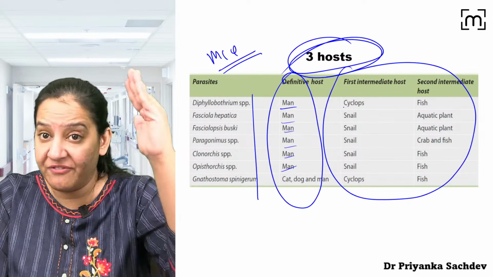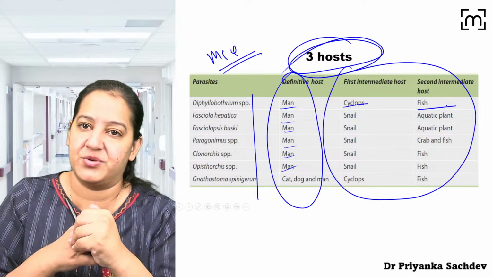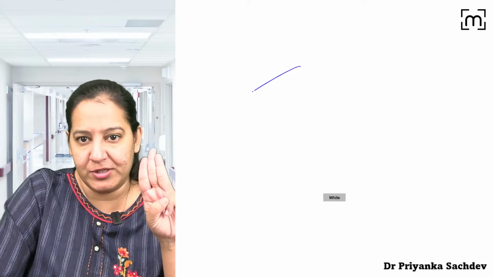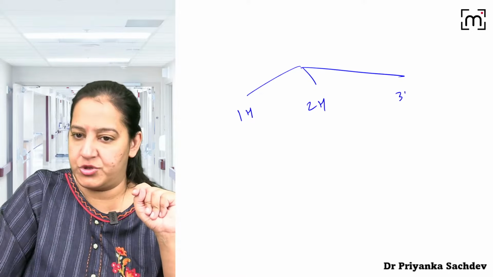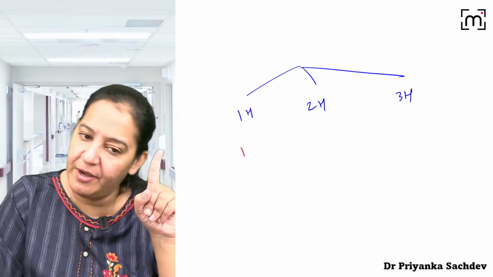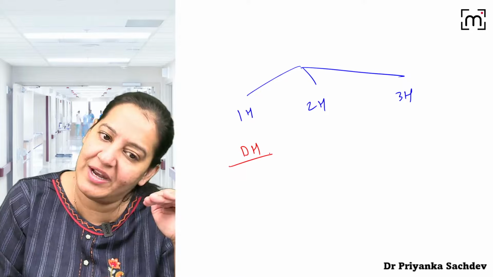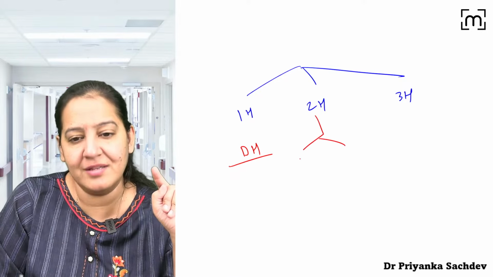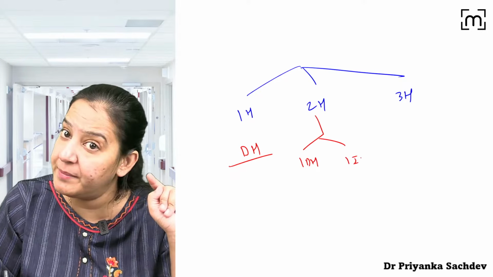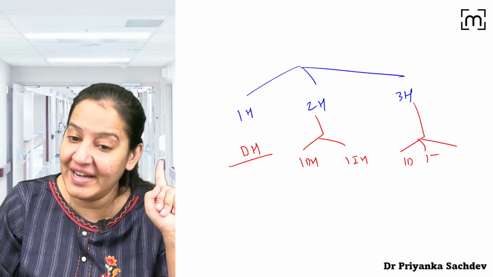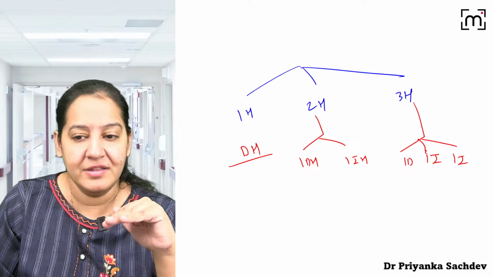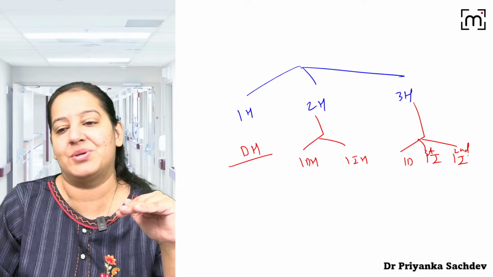What is the first intermediate host? What is the second intermediate host? You got my point? There are three possibilities: either only one host, or two hosts, or three hosts. If it is one host, it will be definitive. There is no intermediate host, only definitive host. If there are two hosts, there will be one definitive host and one intermediate host. But if there are three hosts, there is one definitive, one intermediate, and one more intermediate. This is known as first intermediate, this is known as second intermediate.